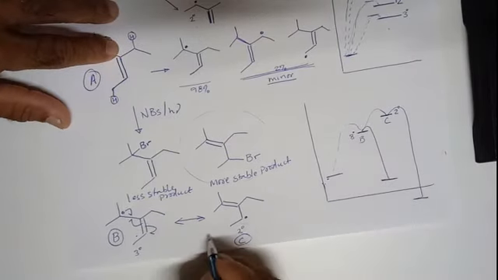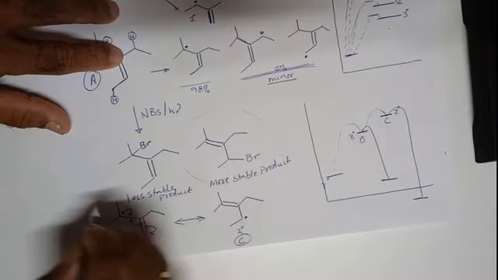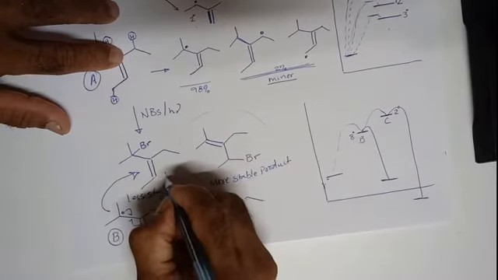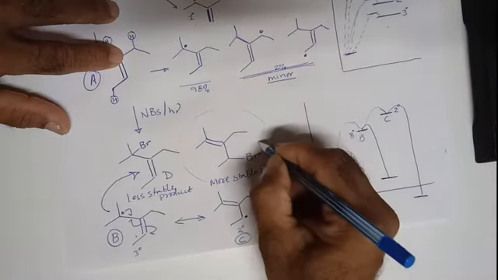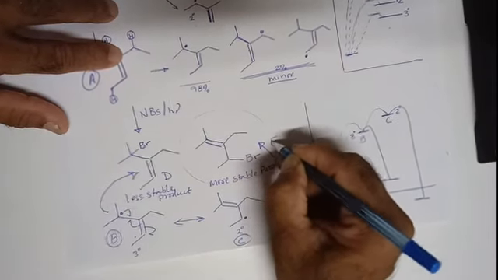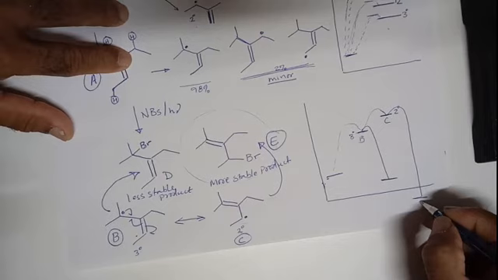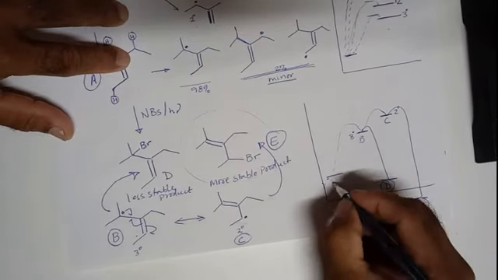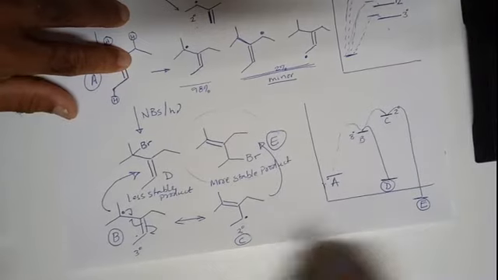How do you know that what you get from here, that's a D, and from here you are going to get, let's say, E. So that's a E and that's a D. This is A. Okay?